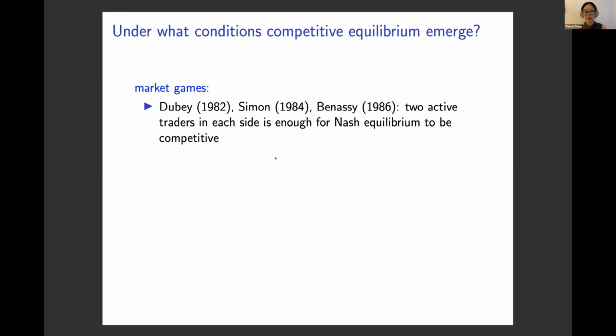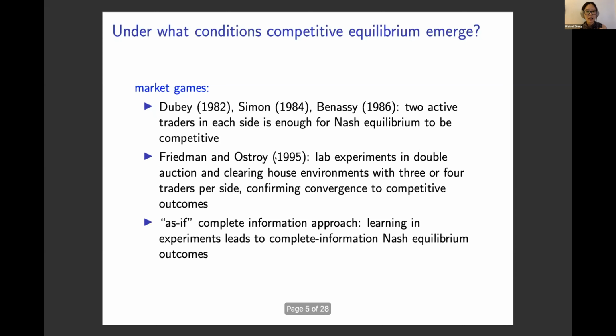What we do next is test it in a laboratory experiment. Previously, Friedman and Ostroy had tested the theory from Dubey, Simon, and Bennessy in a laboratory experiment. What they find is that with 3 or 4 traders on each side and with divisible good, there is convergence to the competitive outcome.